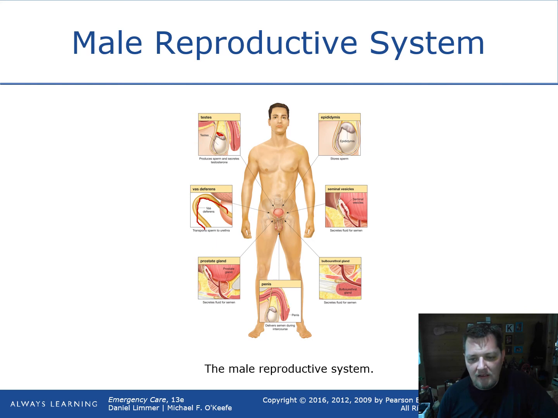And then the seminal vesicles, which secrete fluid for semen, and the prostate gland, which secretes fluid for semen. You've got your penis over here, which delivers the semen during intercourse.